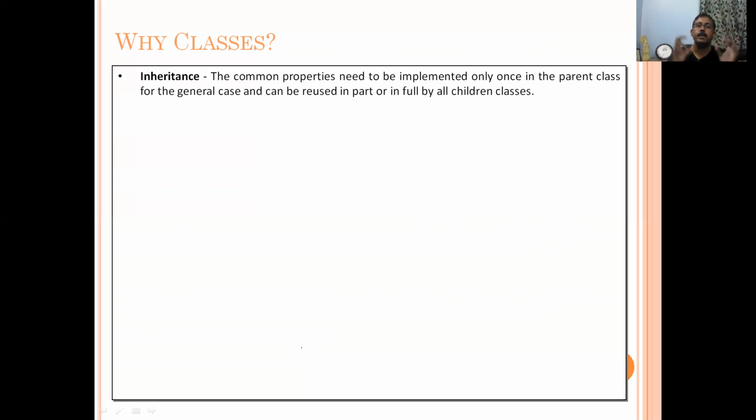We simply have those methods, functions or attributes as a part of the parent class, and we derive different child classes from it, and the child classes inherit the attributes and functions from the parent class. So that's one way of reusing features and functionalities, right?